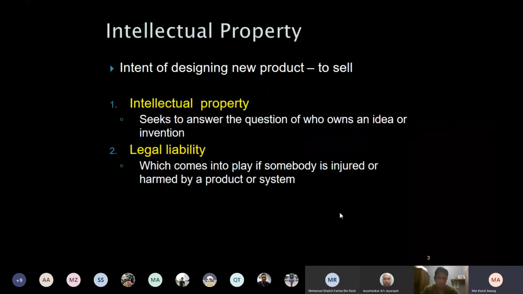So that's why it is important who owns that intellectual property, because the legal liability will be assigned to the owner of that product or intellectual property.